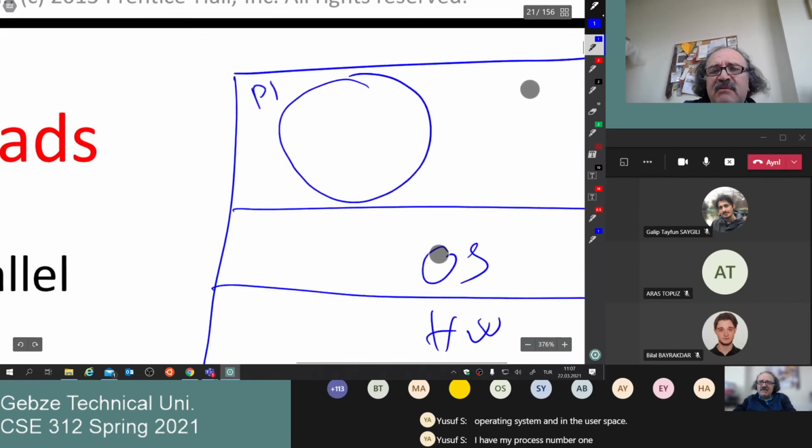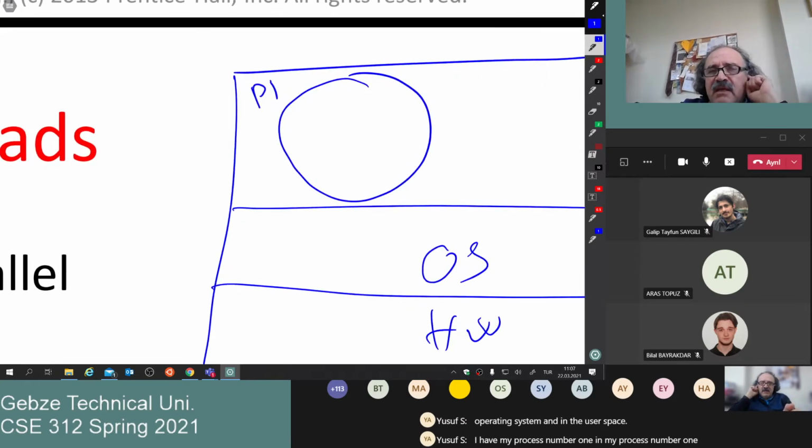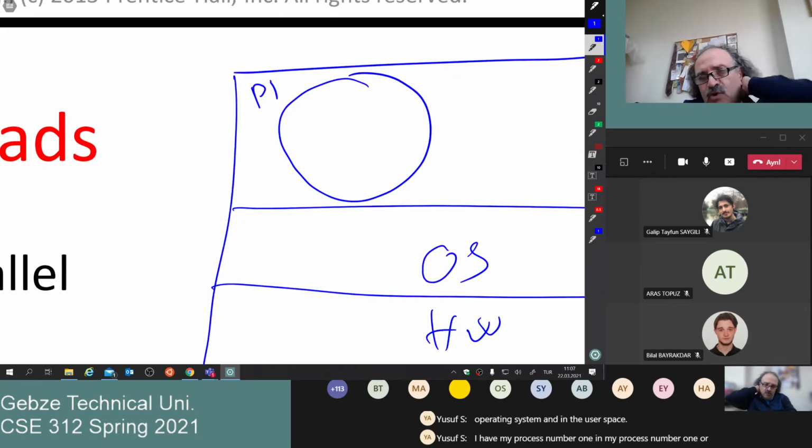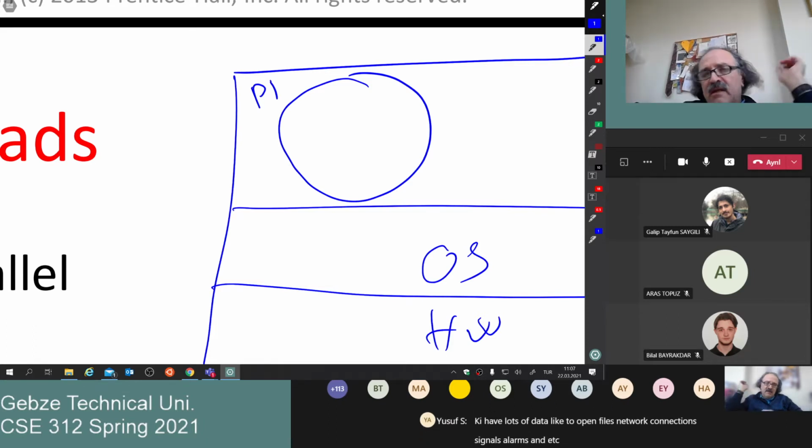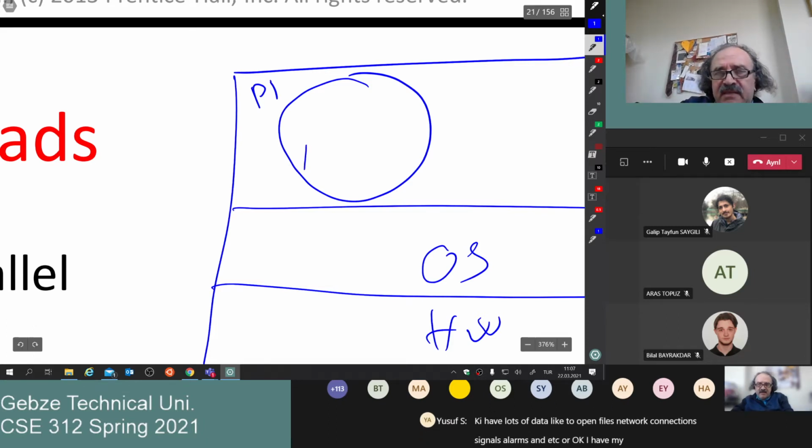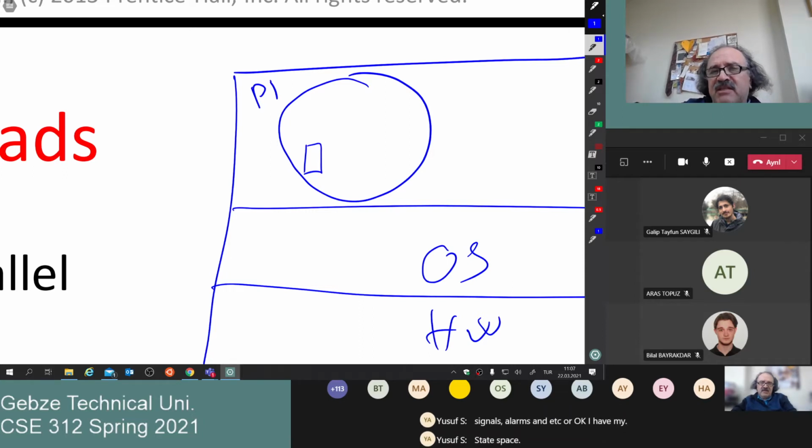In process number 1, I have lots of data like the open files, network connections, signals, alarms, etc. I have my stack space. I have my registers, etc.